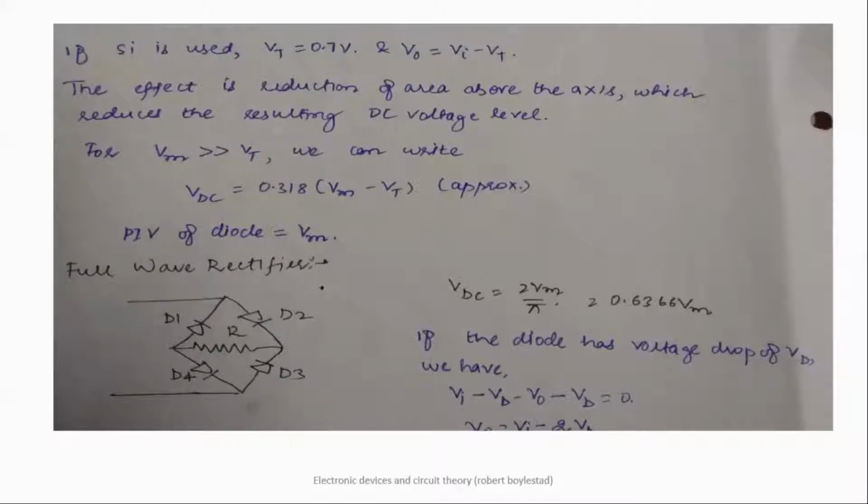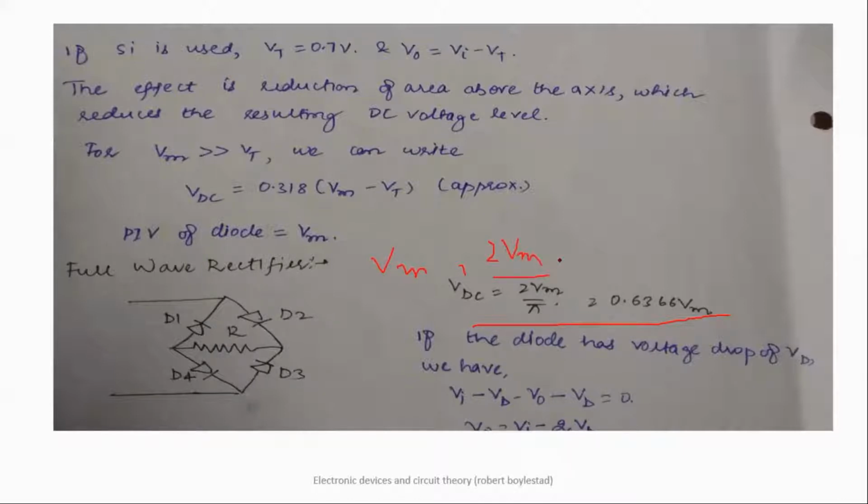In that, we know that alternate diodes are working: D2 and D4 work in one cycle and D3 and D1 work in the other cycle. In this case your DC is this much, and your peak inverse value is Vm only, while in the case of the center tap, your peak inverse value is around 2Vm.